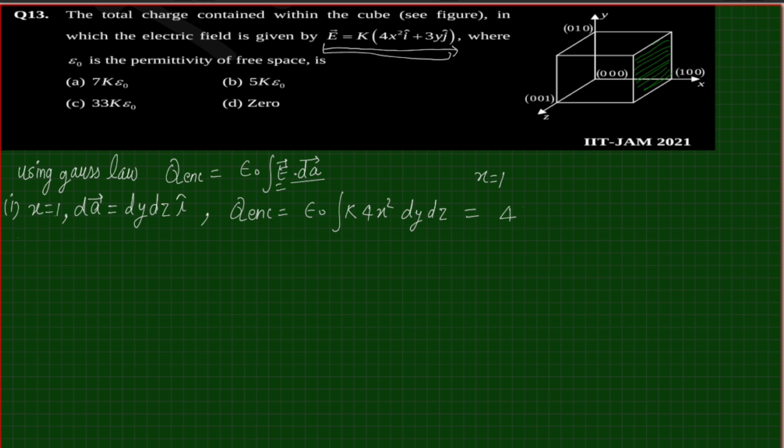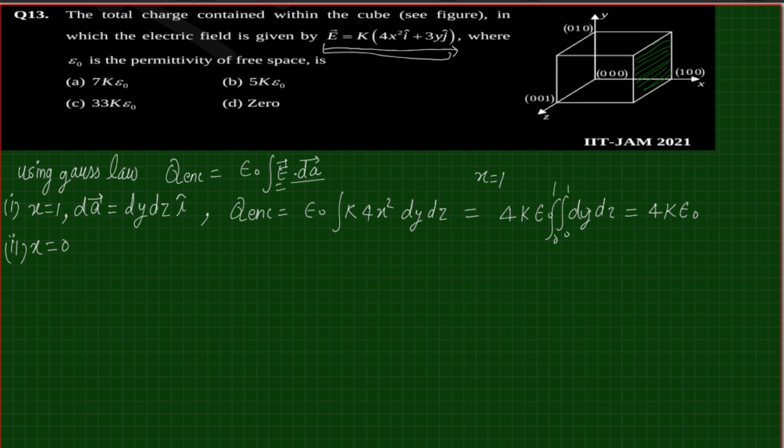That will be 4k epsilon naught integral of dy and dz, from 0 to 1, 0 to 1. This will give us 4k epsilon naught.